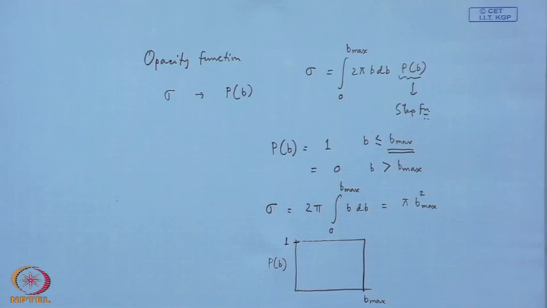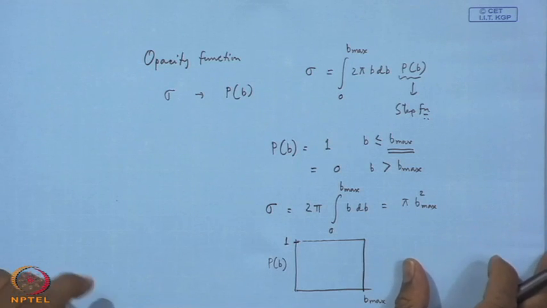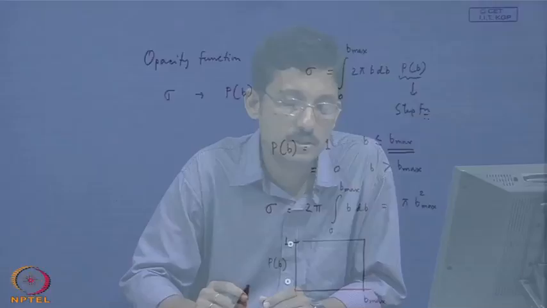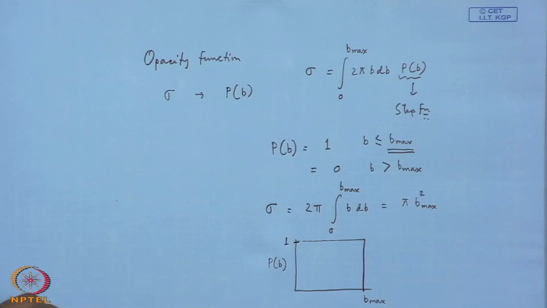So where are we at? Pb is the opacity function, the reaction probability function, and it represents the fraction of collisions with impact parameter B that will lead to chemical reaction. Therefore, cross section can be thought of as something that is averaged, like the dartboard description I told you about.